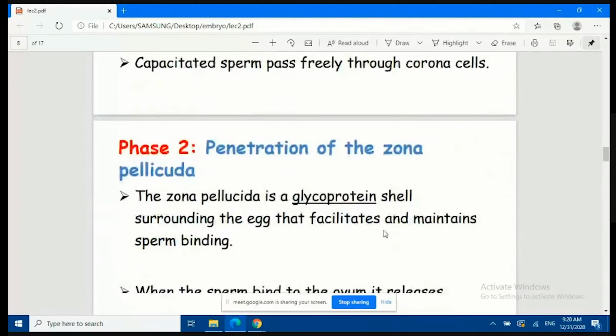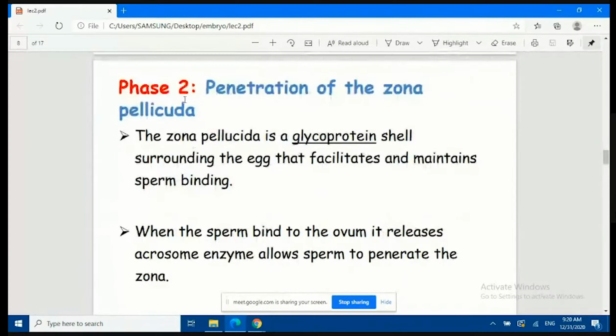Okay, so the second step, the second phase, is the penetration of the zona pellucida.